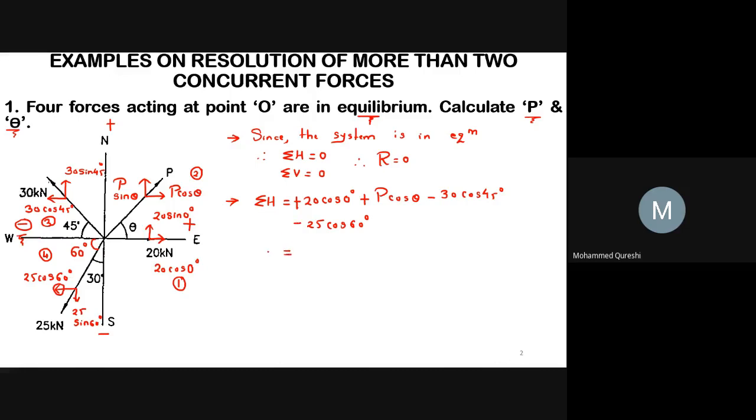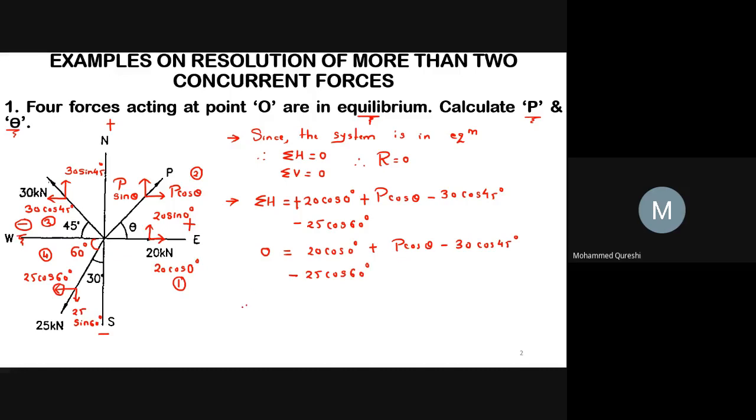So after solving the above values, you will get sigma H equals 0, that is 20 cos 0 plus P cos theta minus 30 cos 45 degree minus 25 cos 60 degree.